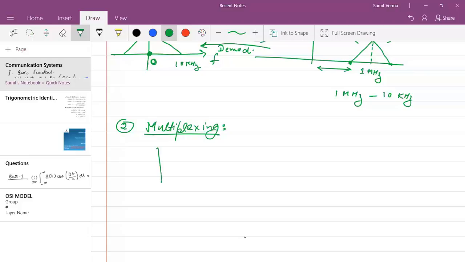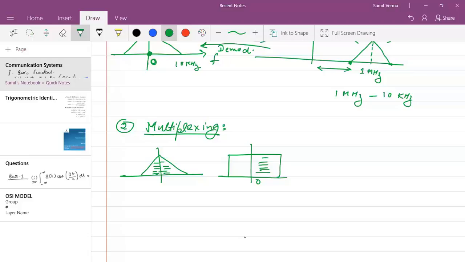If you want to transmit more than one signal at the same time, you have to ensure that they do not have the same frequency component, because if they do, they are going to interfere with each other. If I have these two signals, I can see that they have some common frequency components. If I just transmit them like this, they are definitely going to interfere and will not be recovered at the receiver side.